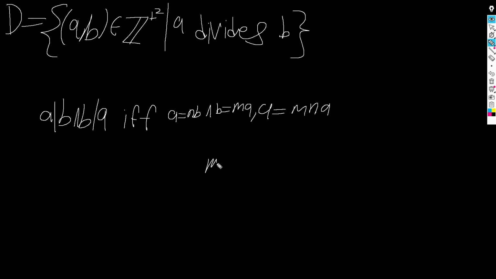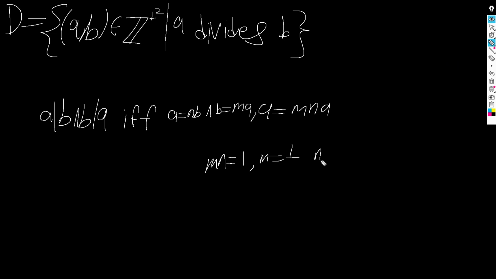And this is only true if MN is equal to 1, or M is the reciprocal of N. And since M is an integer, what you'll notice is that if N is anything besides 1, then 1 over N is not an integer. But if N is 1, then it is an integer.